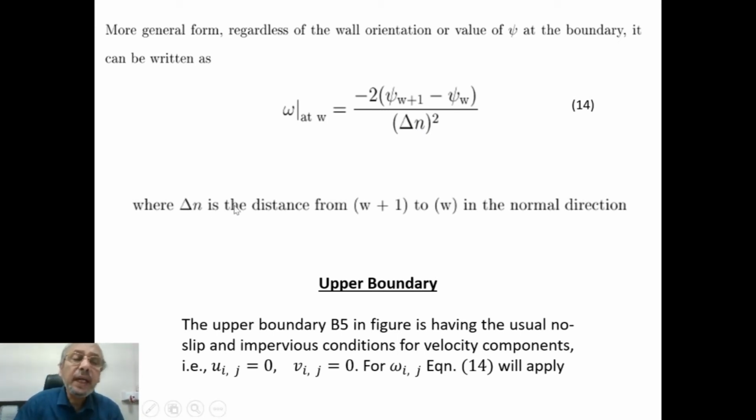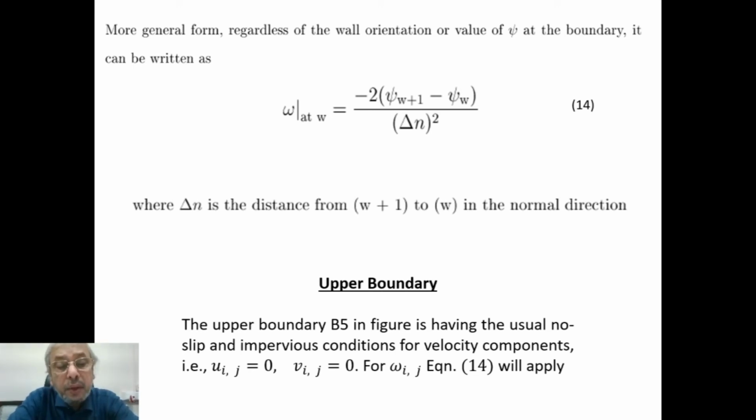So delta n instead of delta y, we are writing delta n. Delta n is the distance from w plus 1 to w in the normal direction. And this is equation 14.